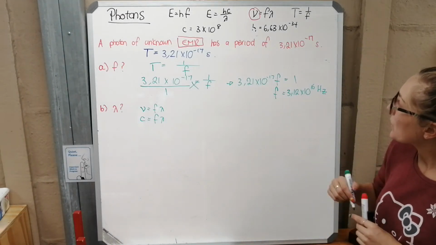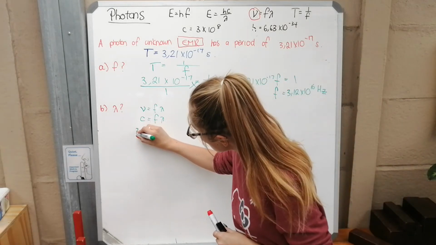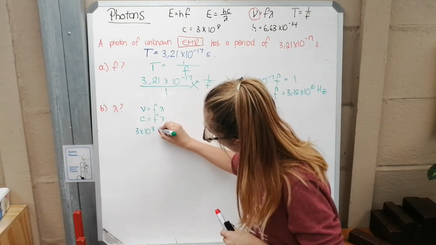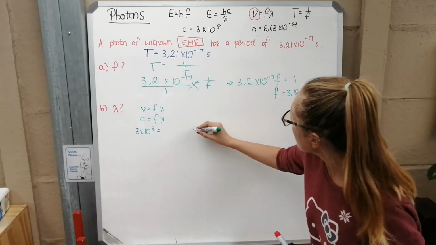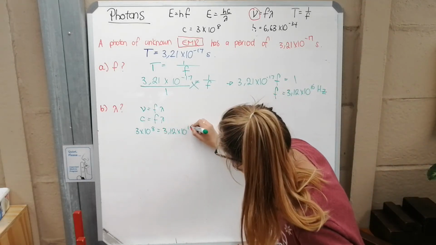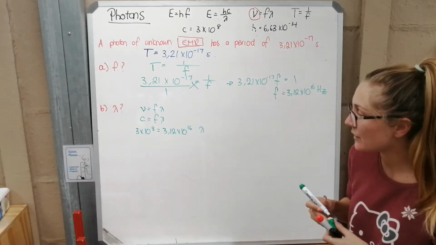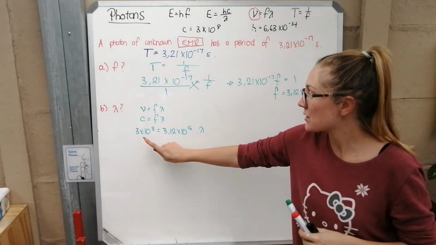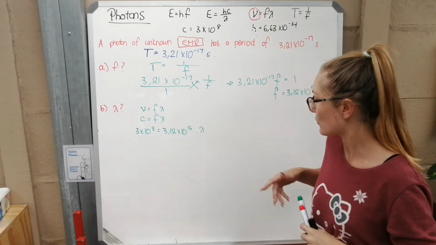So we know the wave speed is 3 times 10 to the 8. We know the frequency is 3.12 times 10 to the 16, and we're looking for wavelength. So we're going to divide both sides by this coefficient of wavelength.